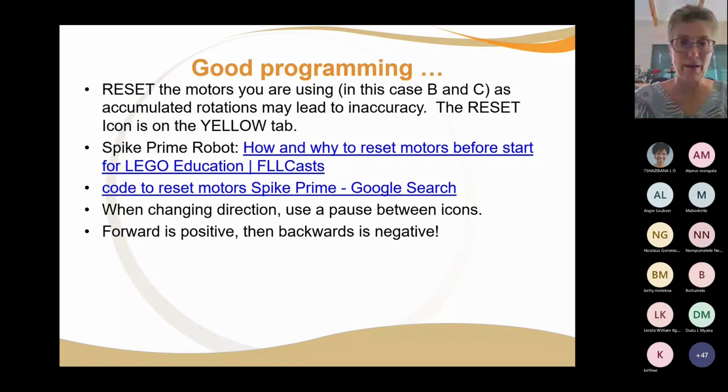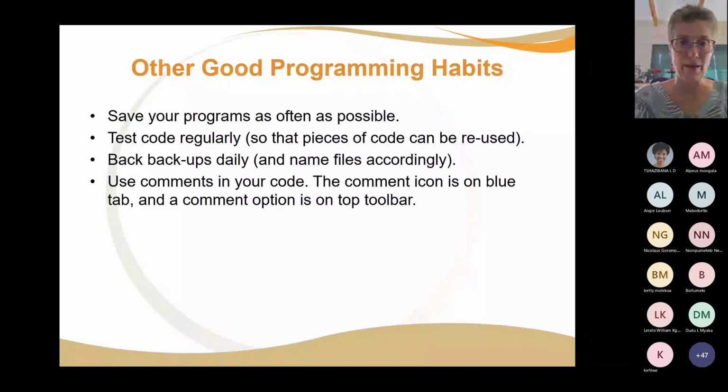Habits. You've got to save your programs as often as possible. Oh my word, the number of times I've been in classes with kids, and then we've got the robot program to just work properly, and they forgot to save, and it's just a disaster. I would also encourage you to buy an external drive maybe, or just even a flash drive, and get the learners in the habit of copying a whole folder.